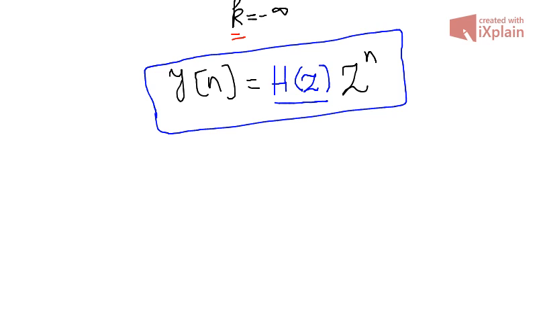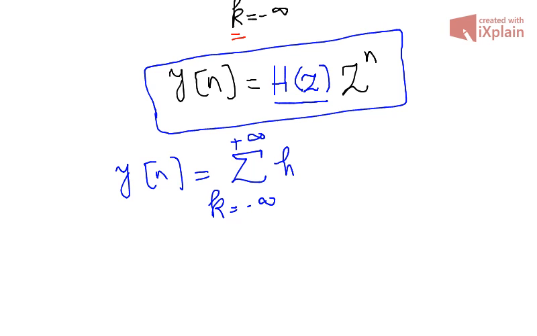You just put it in the above summation, you just write it in this form. You have a summation over k from minus infinity to plus infinity of h of k and x of n minus k.